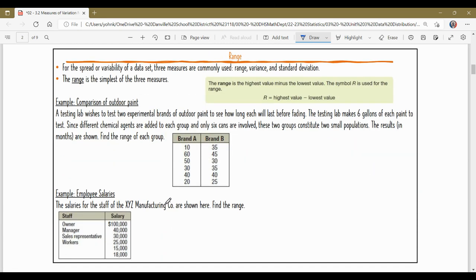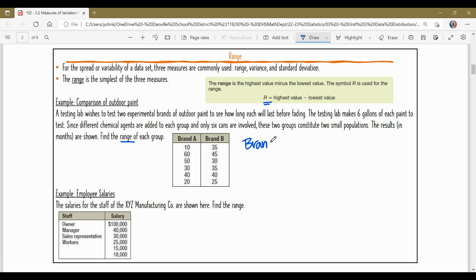So, for the spread or variability of a data set, 3 measures are commonly used: range, variance, and standard deviation. Now, the range is the simplest of these measures. To find the range, you just take the highest value and subtract the lowest value. So it's just biggest minus smallest. If we look at that same problem from the previous slide, find the range of each group.